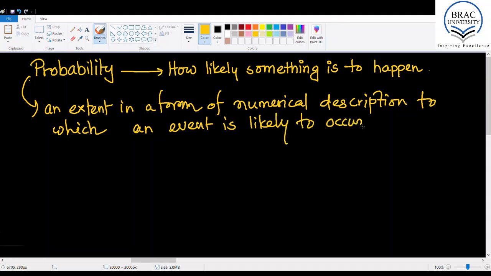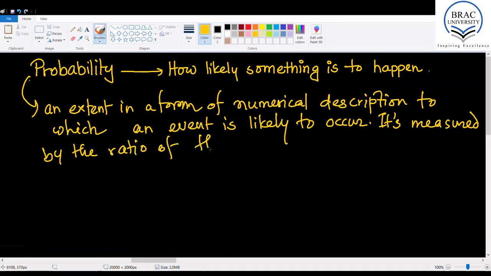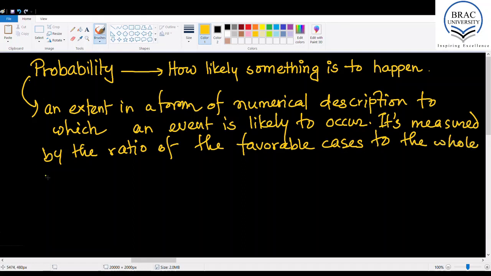All right, and it's measured by the ratio of the favorable cases to the whole number of possible cases.